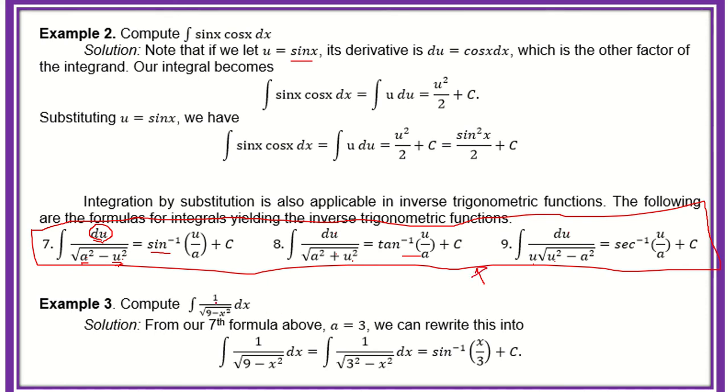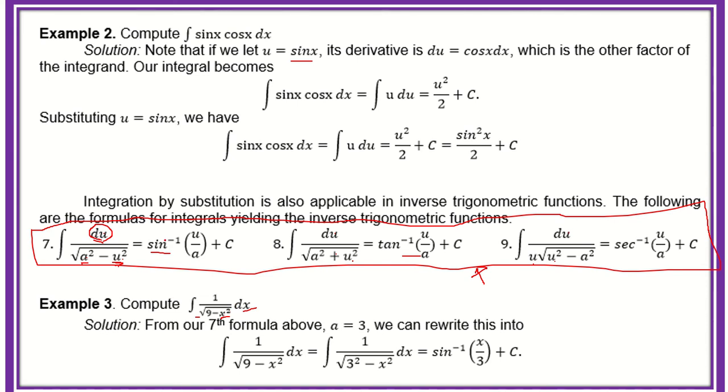So, compute the integral of dx over square root of 9 minus x squared. From our 7th formula, this is 9 minus x squared. So, it means itong x squared are related sa dx. So, that means minus. Wala man siya sa labas, kasi kung arc sec siya eh. Pero dito man siya sa last, minus pa gid.